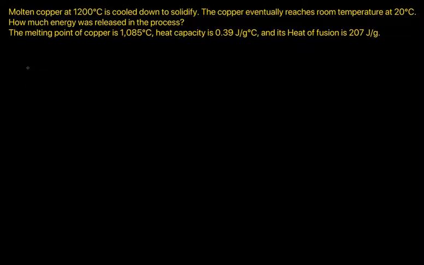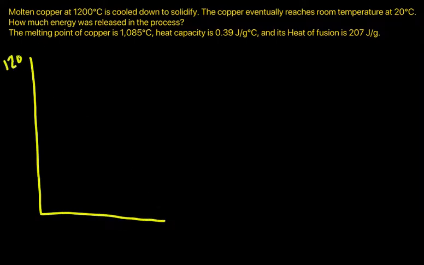So let's draw our heat diagram. So my maximum temperature is 1200. My low temperature is 20. It says the melting point is 1085.